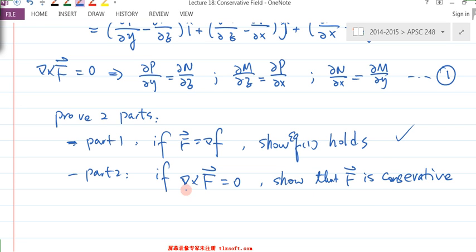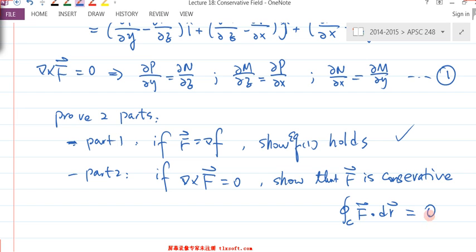When you're saying show that this is conservative, I can equivalently show that the integral of f dot dr over C equals 0. That's where Stokes' theorem will come into the picture. It's using a surface integral called flux. So that's basically where the second part will be proved.